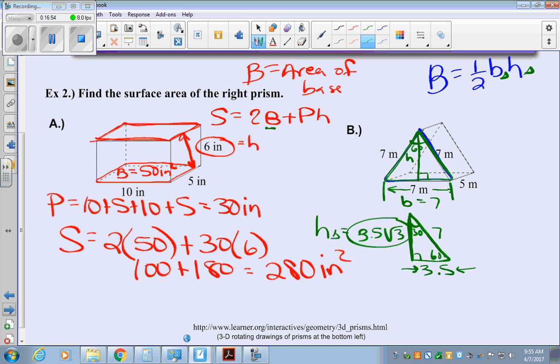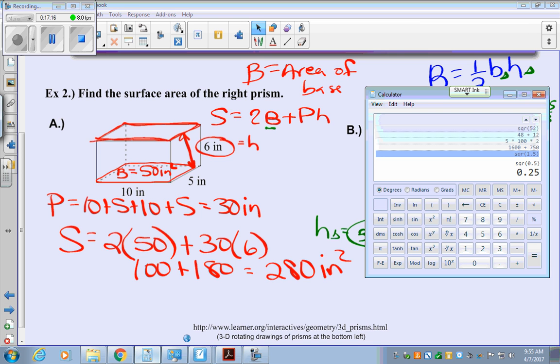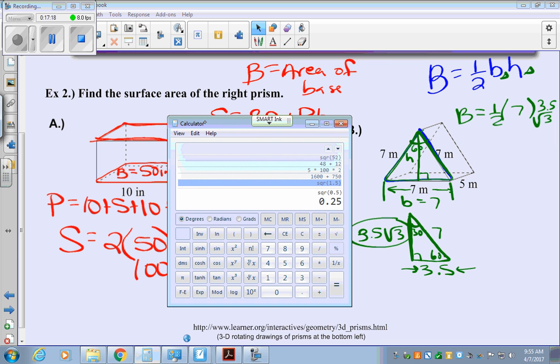So I don't have the area of the base yet. Still working on it. 1/2 times 7 times 3.5 root 3. Sorry, I ran out of room. So let's get the area of the base as a decimal approximation.